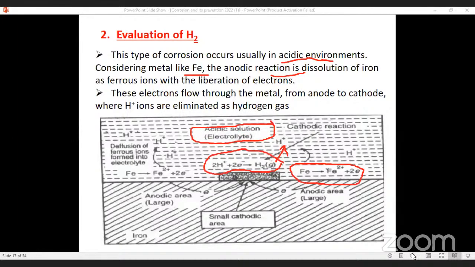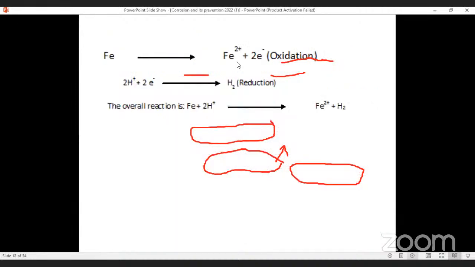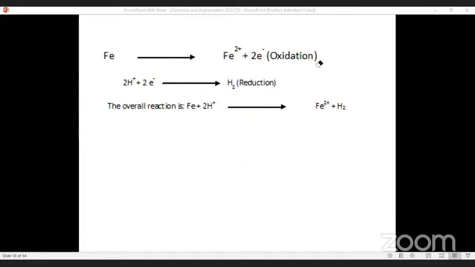Now the reactions involved in evolution of hydrogen. Iron is converted to Fe2+ plus two electrons. Then 2H plus plus two electrons gives H2, hydrogen formation.